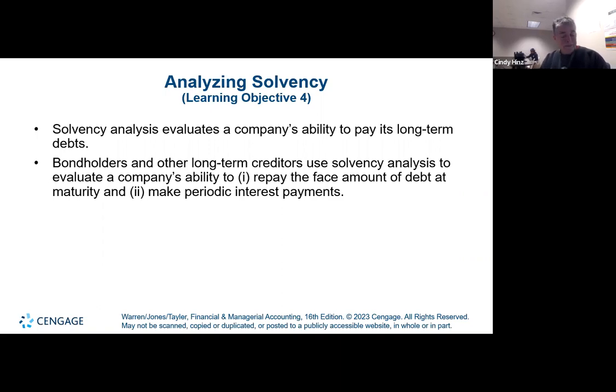And a couple other areas that we might look at that are not covered in this chapter, but just to give you the full picture, might be of interest to decision makers, depending on what type of decisions they're making, include things like market strength. So how is the company's stock doing? That includes price to earnings ratio and a dividend yield calculation.